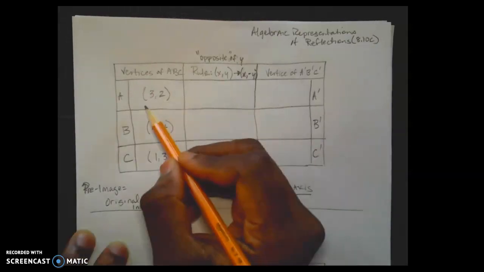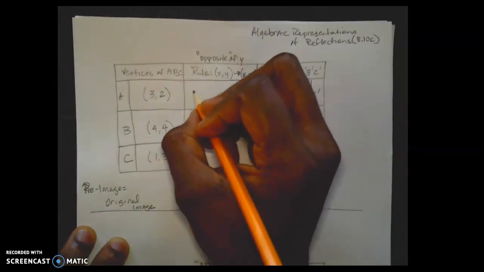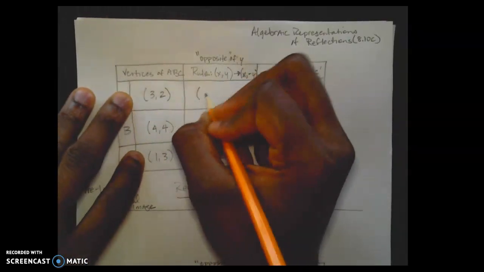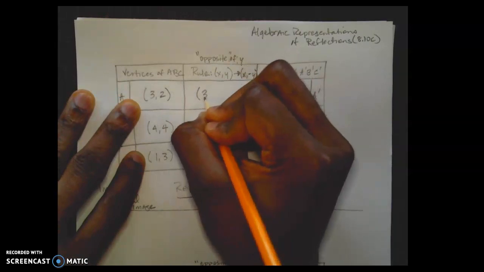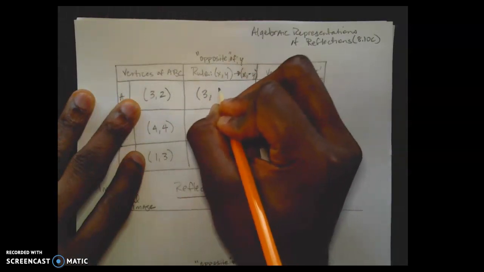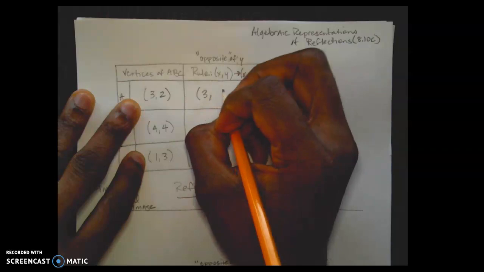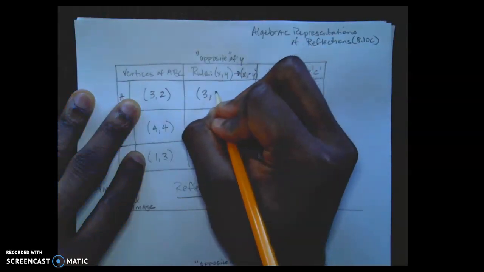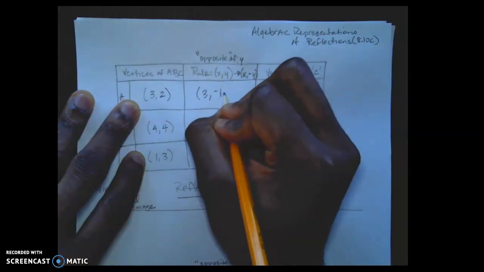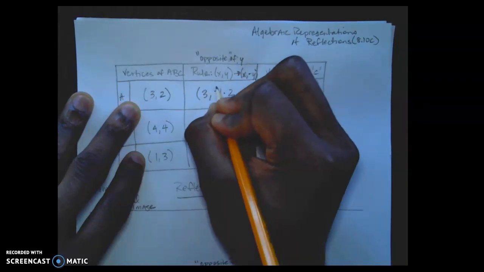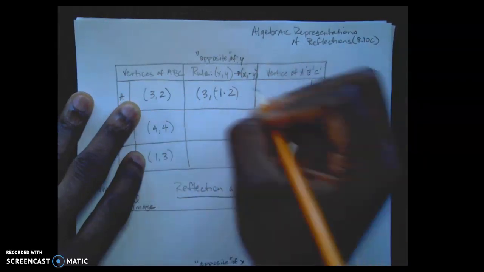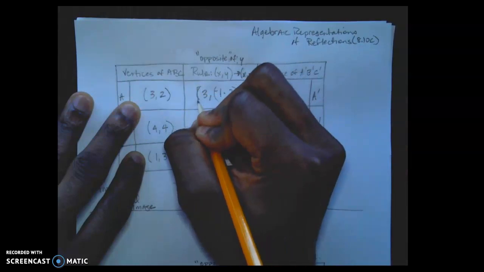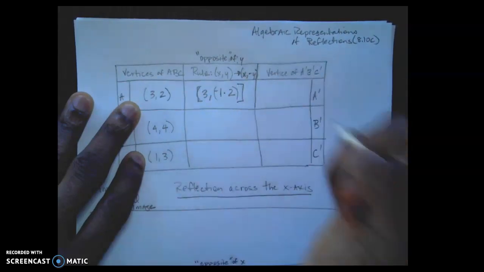So I'm going to take (3, 2), and I'm going to break this down. So I'm going to say, because I'm leaving the x-coordinate alone, I'm then going to multiply the y-coordinate by a -1. So this was 2, okay? And I'll show you why I'm putting the parentheses in just a moment, okay?